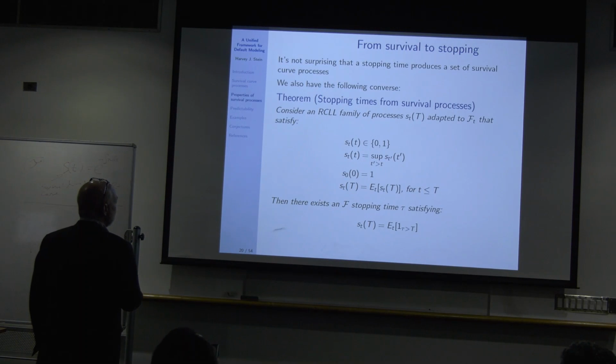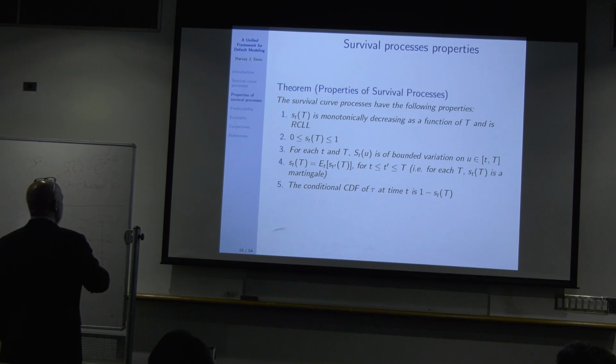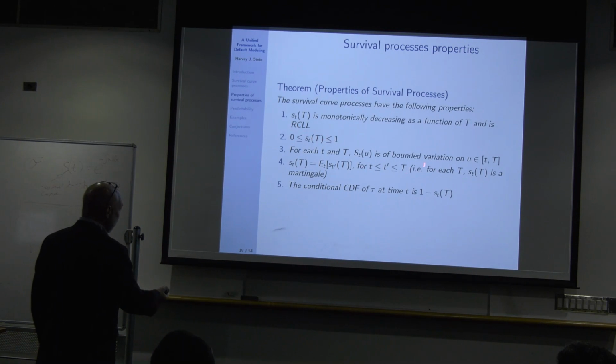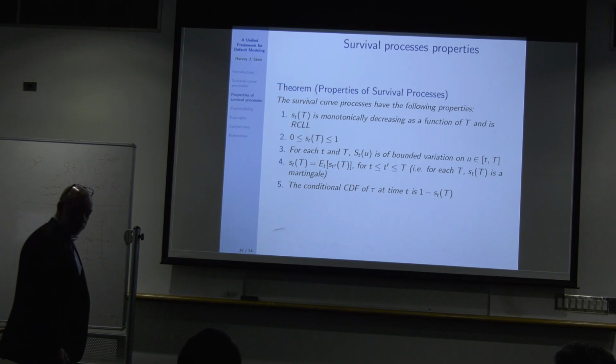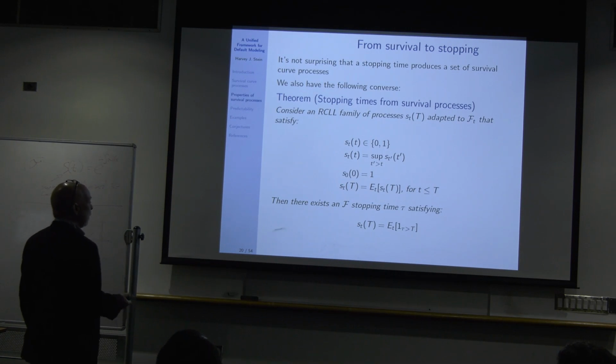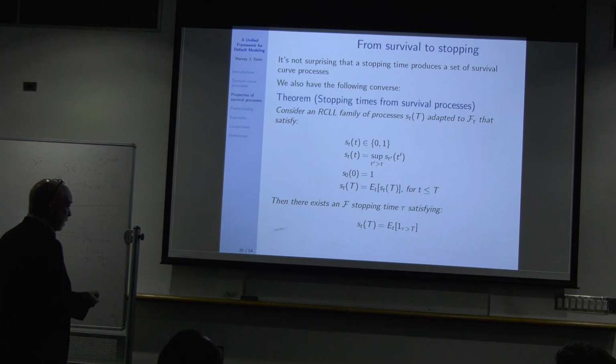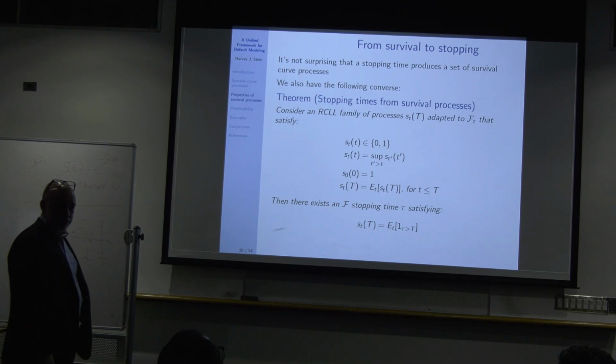Okay, now moreover, given a stopping time, we can construct these hazard rate curve processes and they satisfy these 5 conditions. Conversely, if we have a family of processes satisfying these 4 conditions, then there exists a stopping time for which these processes are actually the survival curves.